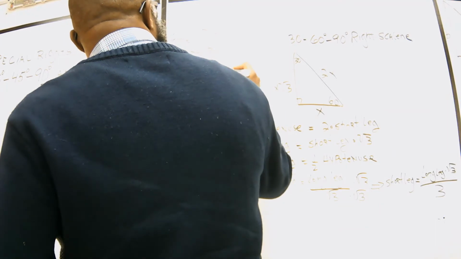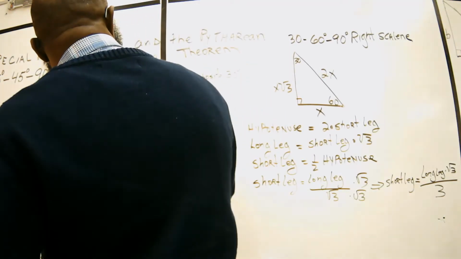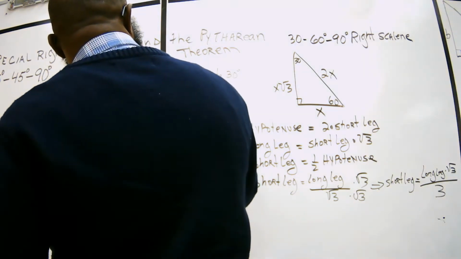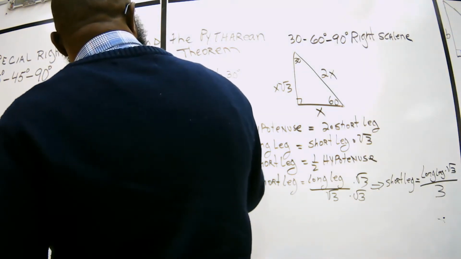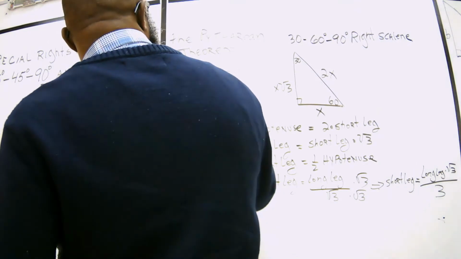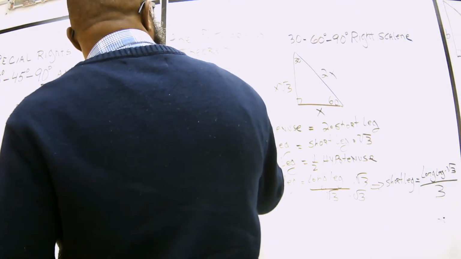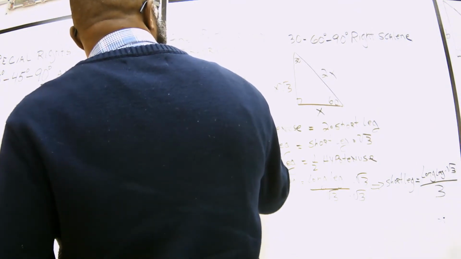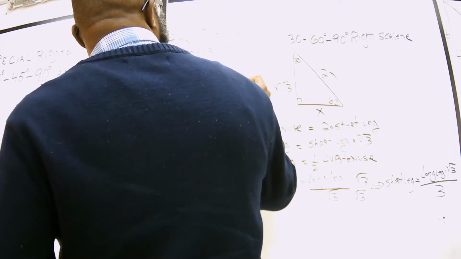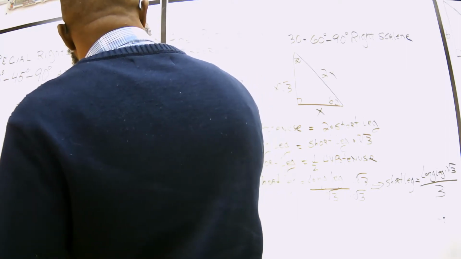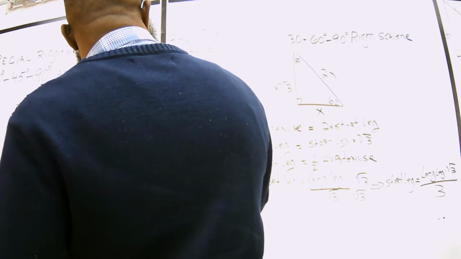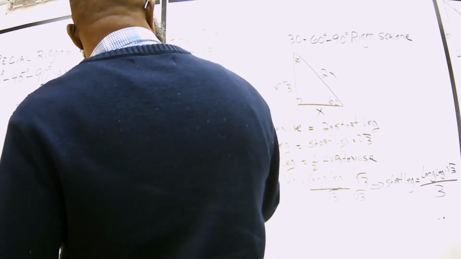to the 30-degree angle, and the long leg is always opposite to the 60-degree angle. As always, the hypotenuse is opposite to the 90-degree angle.